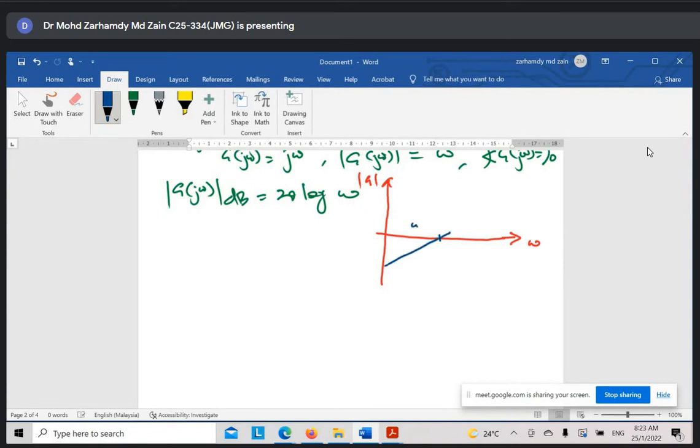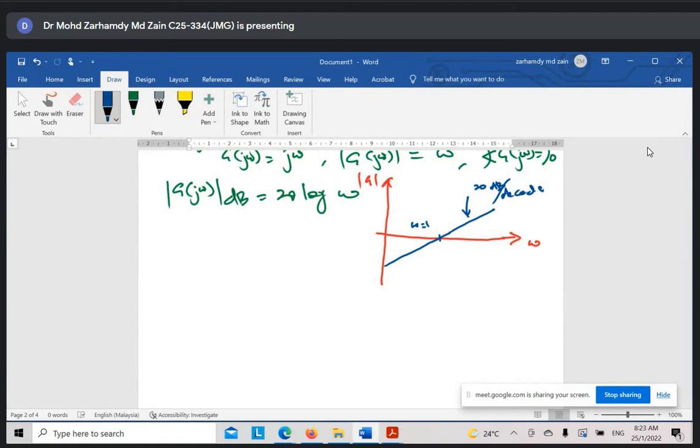Still omega is equal to 1, but the gradient of the line is 20 dB per decade. So there's no difference, just a plus or minus. If it is 1 over s, it will have a gradient of negative 20. For the differentiator it is plus 20, so it will also cross at 1.